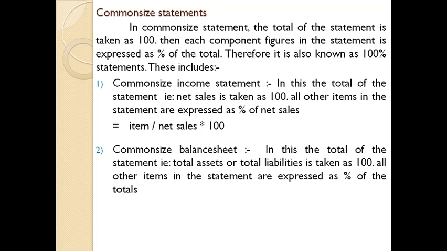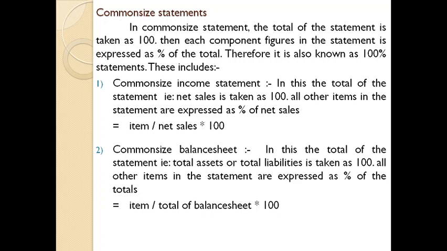It facilitates understanding the relative importance of each item in the balance sheet. Same as the common size income statement, there is an equation for finding the percentage in a common size balance sheet, that is item divided by total of the balance sheet into 100. Total of the balance sheet means it may be the total of liabilities or the total of the asset side.